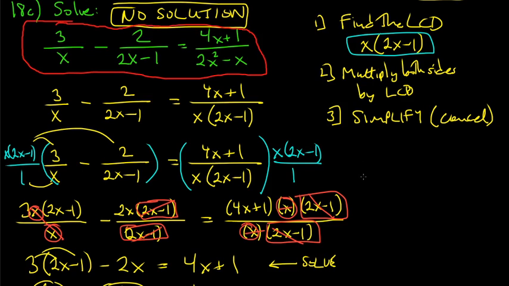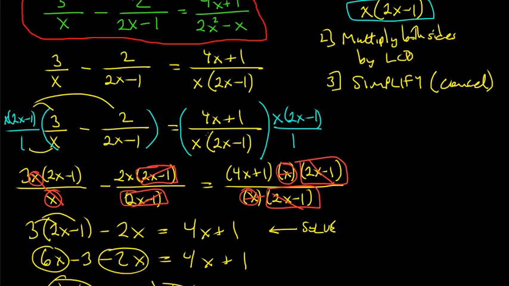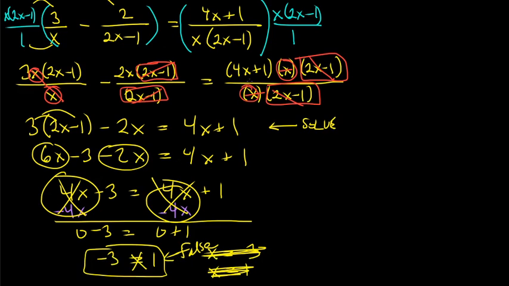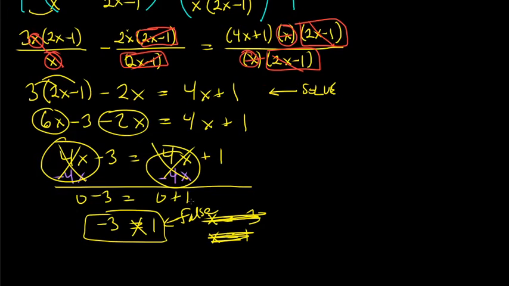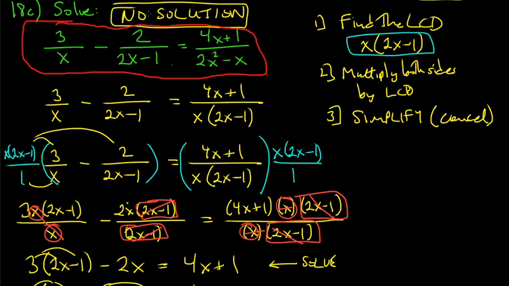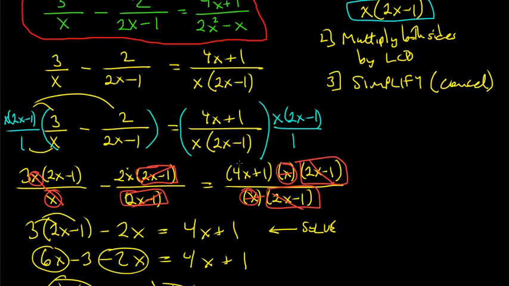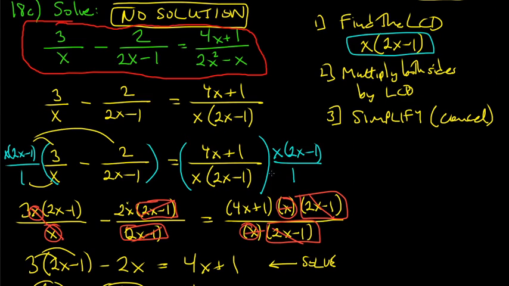It has no answer. It has no solution. You might want to go back and check that we did everything correctly here. I think we did. I don't think I did anything wrong. If I did, then that could lead to mistakes. But I think this is correct. I think there's no solution, and in fact, that's what it says in the answer key, so I think that's right.